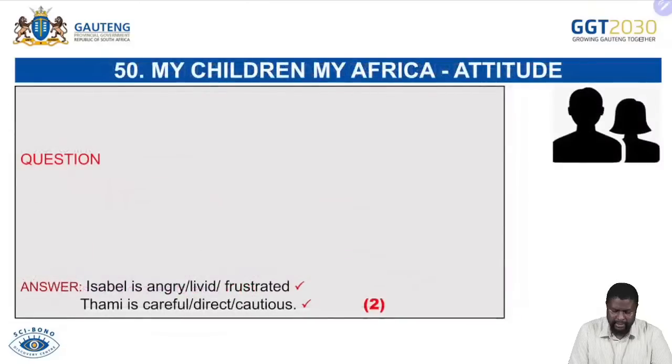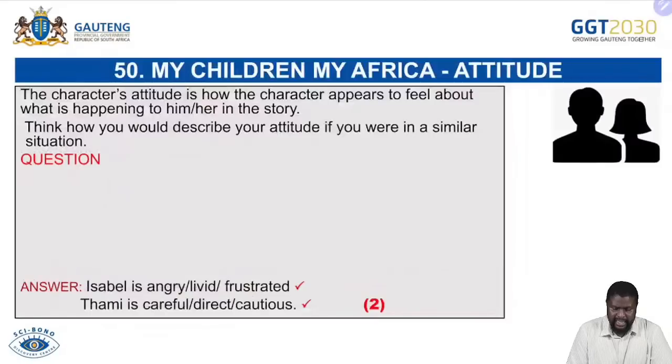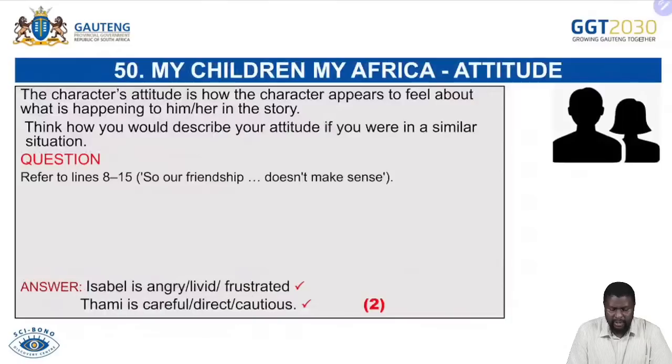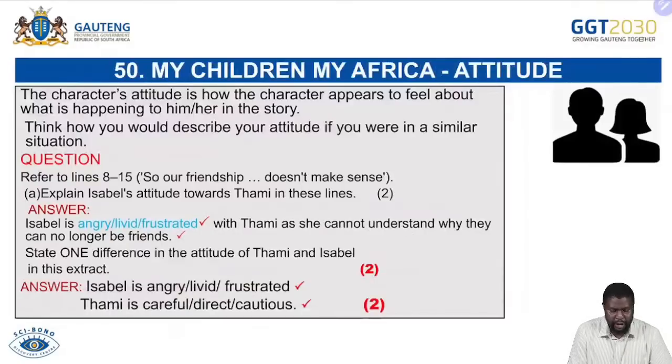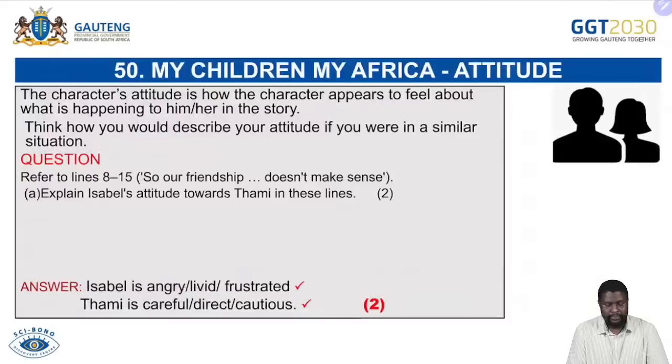It is dead, right? Now, moving on, character attitude in the story. The character's attitude is how the character appears to feel about what is happening to him or her in the story. Think how you describe your attitude in any situation. Refer to line 8. So, our friendship doesn't make sense.